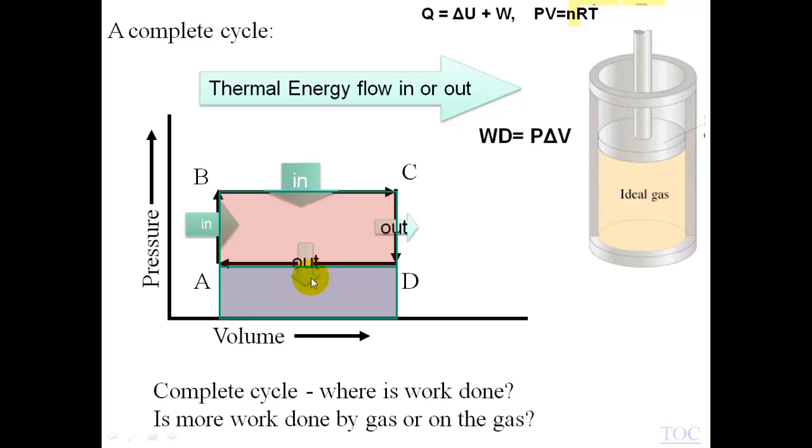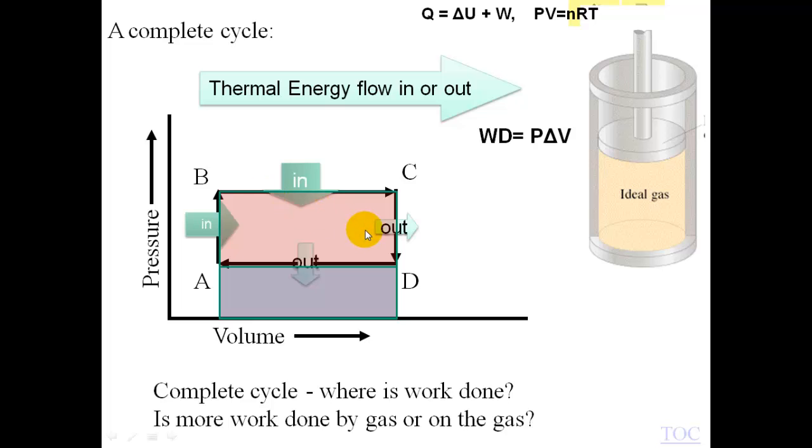Well, you know that the gas is doing more work on the surroundings than the surroundings is doing on the gas. So basically you're getting some energy for nothing, but you're not getting the energy from nothing because you have to put more thermal energy into the system than you're getting out.